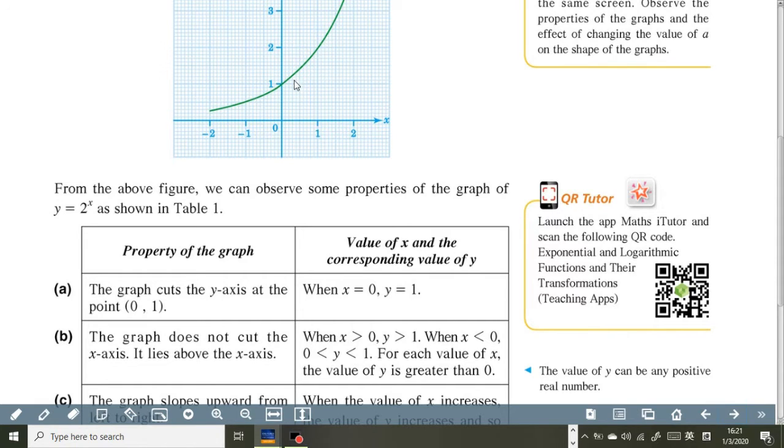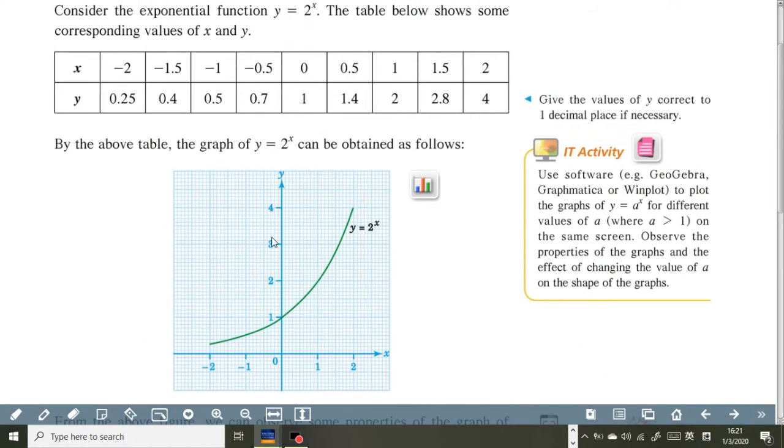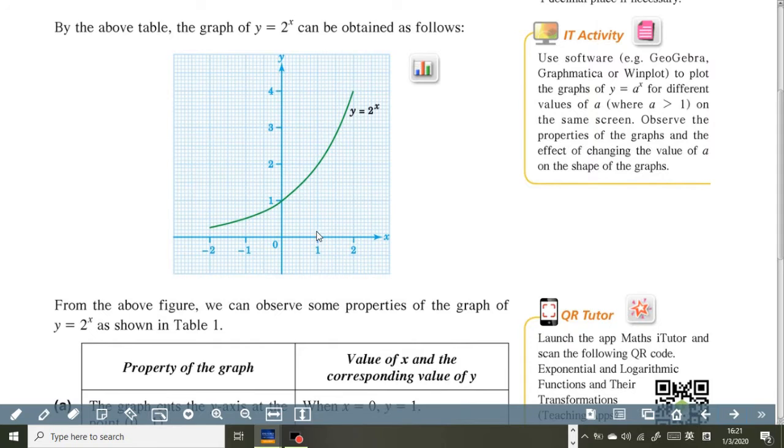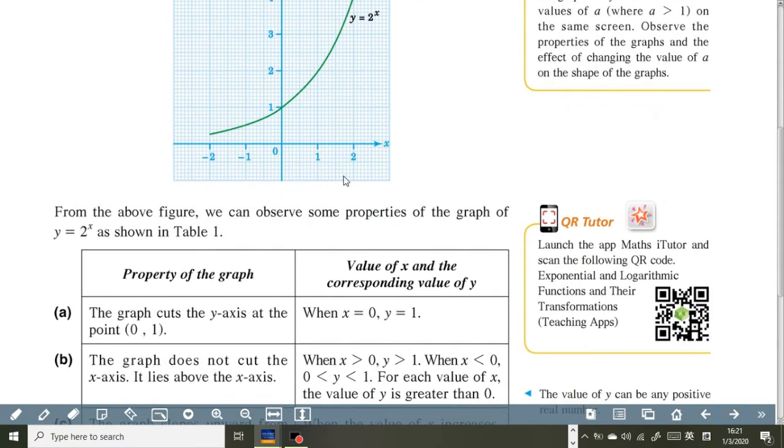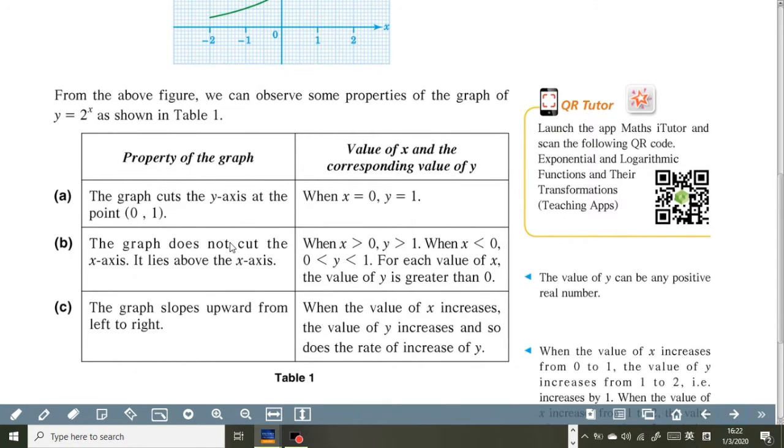If you have another base like 3, when putting x equal to 0, y is still equal to 1. And we define that the function has a base a. a cannot be equal to 1 and must be greater than 0. We will discuss the base later.